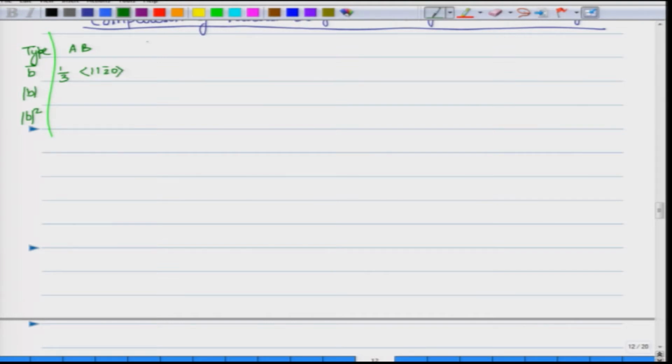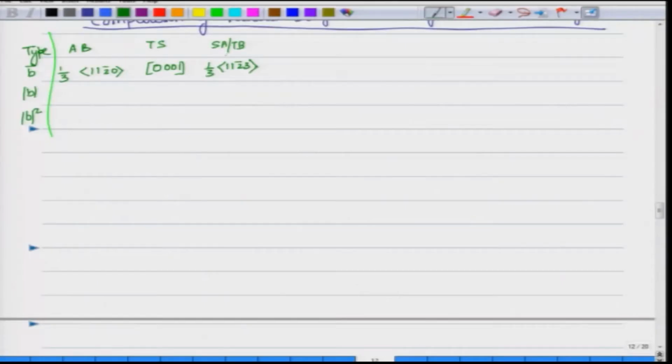Then we have the TS type, which is the C vector. Then we have the SA/TB type, which is, in other words, what we were describing as the C plus A vector. This is represented as SA/TB.